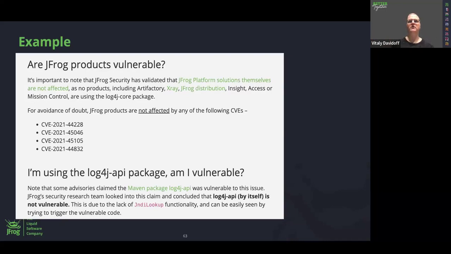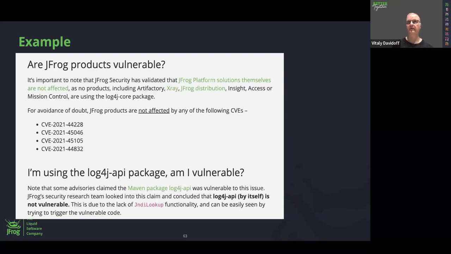If you just rely on the software composition analysis, you will start the patch process and the upgrade process immediately. As I said, it's a lot of effort, but we also took it as an incident response process and started the research. And we found that we do have the Log4j API package inside our production.